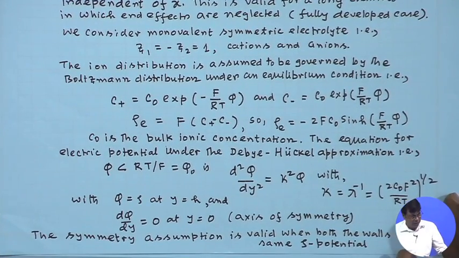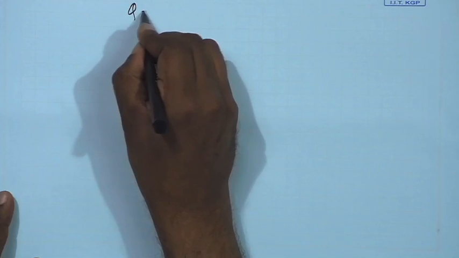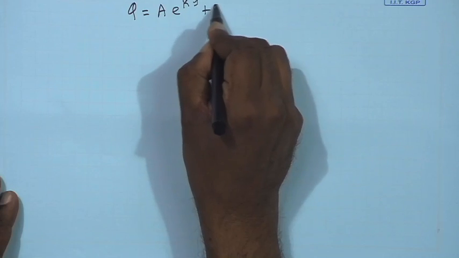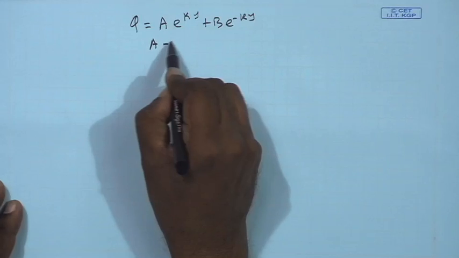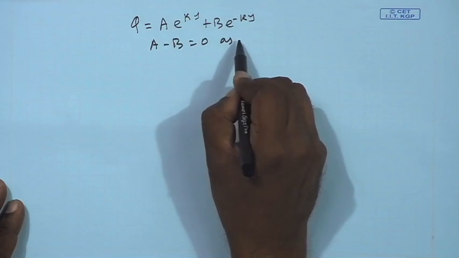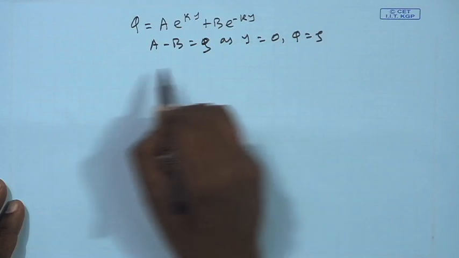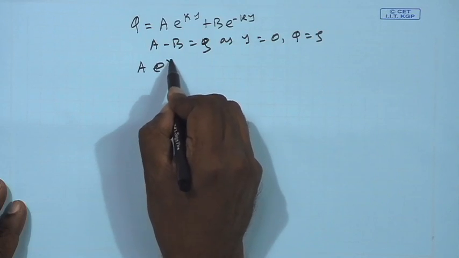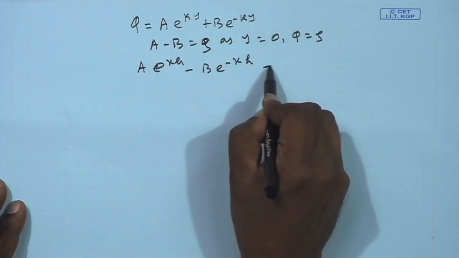With that, if I now solve this equation, what I get is phi equal to A e to the power kappa y plus B e to the power minus kappa y, as we have done already.